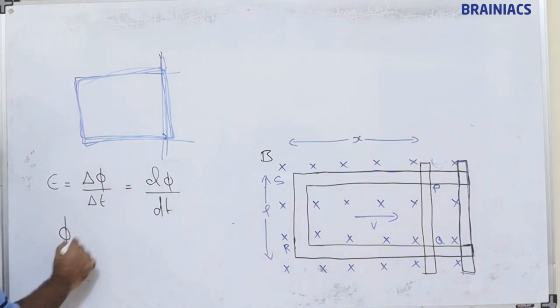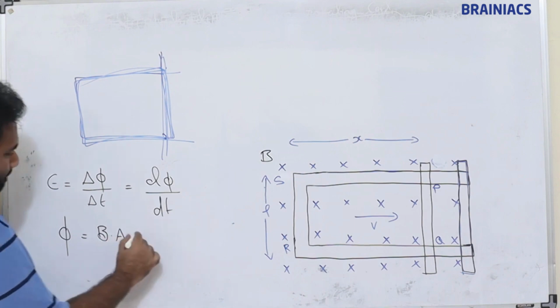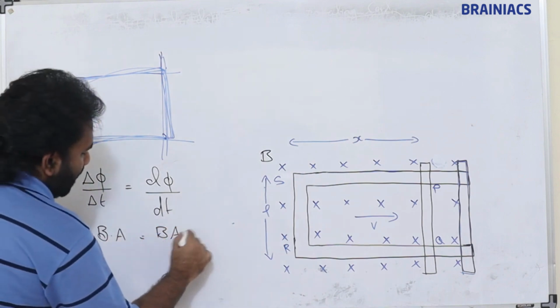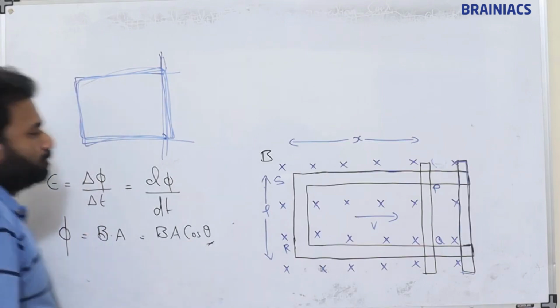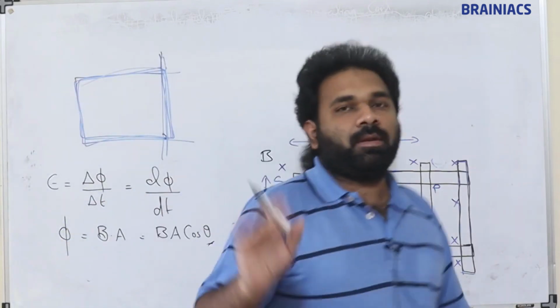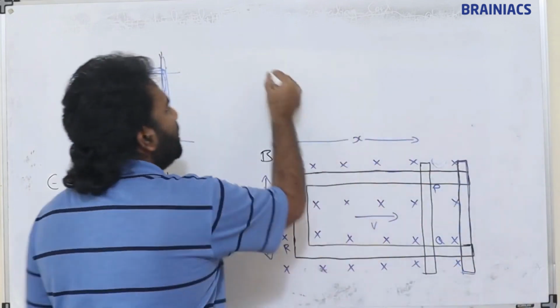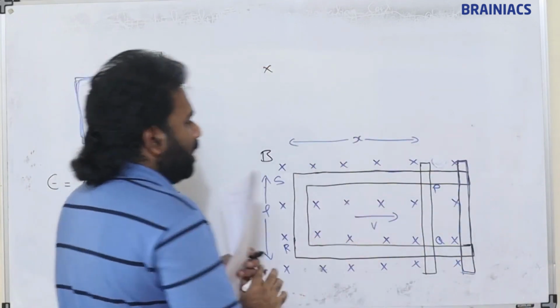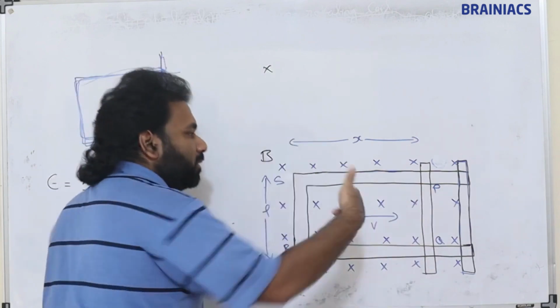What is Φ? Φ is B dot A or BA cos θ. What is θ? θ is the angle between the area vector and the magnetic field. Suppose the magnetic field is going inside in this case, and for this frame's area I can consider either this direction or this direction.